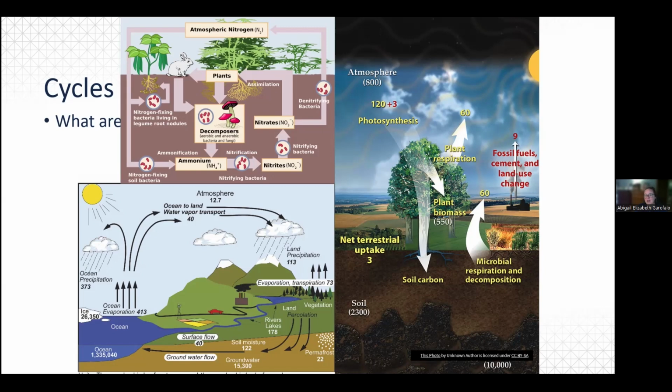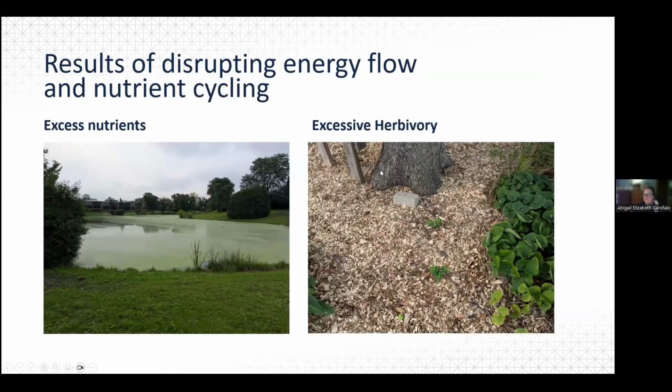So something that we are seeing, when it comes to keeping in mind that ecological concept of energy flows and nutrient cycles, is that when we disrupt those systems, when we disrupt the flow, when we disrupt the cycle, whether that be too much in or not enough back out, too many things going into the cycle where it can't all fit into it, or too much going out of the cycle where it can't restart, we're seeing a lot of different challenges that come with this disruption of flow and disruption of nutrient cycling.